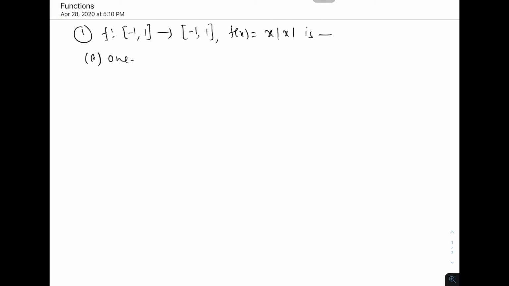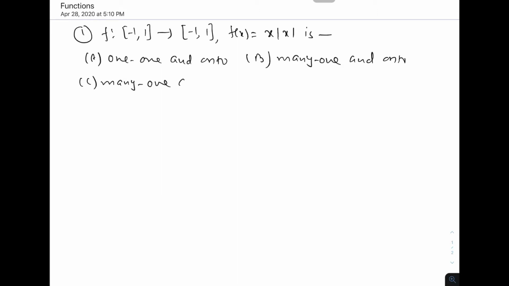The options are: one-one and onto; many-one and onto; many-one and not onto, that means neither one-one nor onto; and the fourth option is one-one and onto.